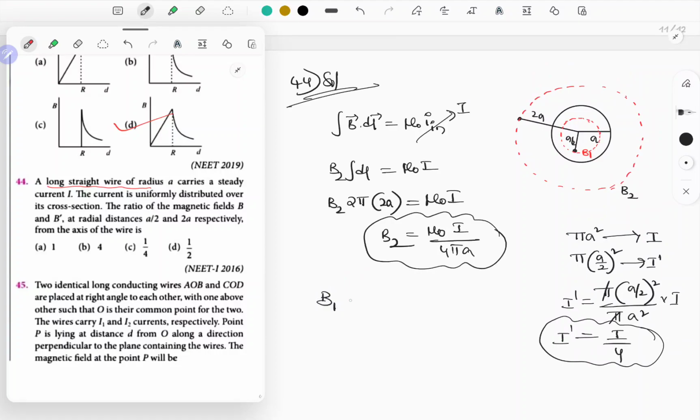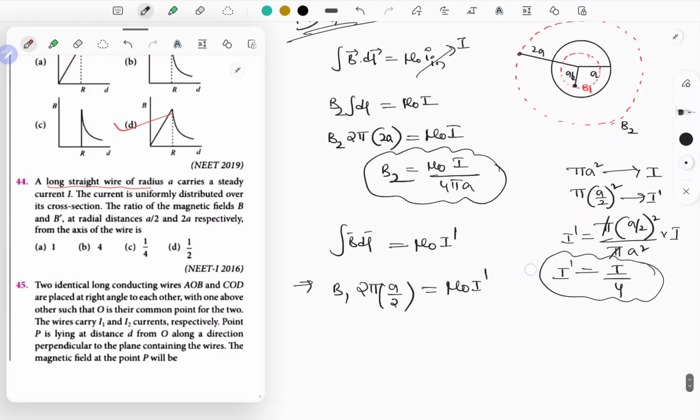Then the magnetic field B1 at the center, you just apply Ampere's law. That is the easiest one. So integral B dl is equal to mu naught I inside. So B1 integral dl is 2 pi r, radius is a by 2, which is equal to mu naught into I dash.